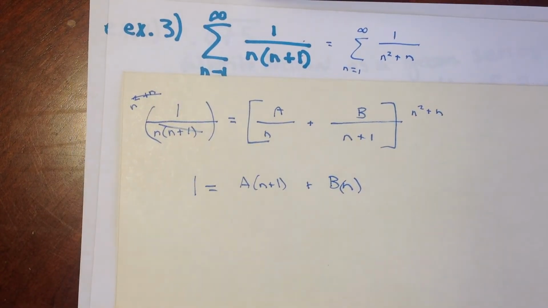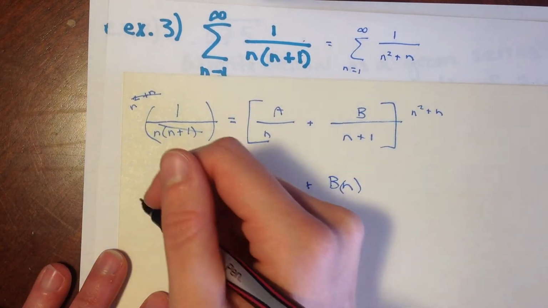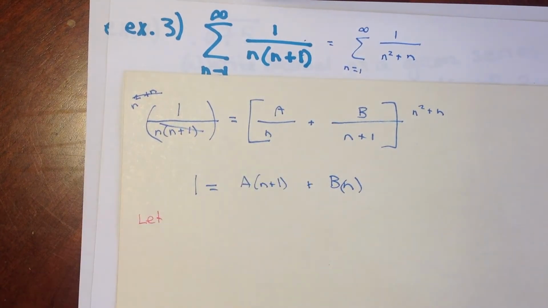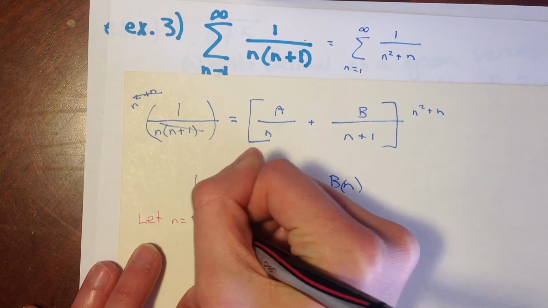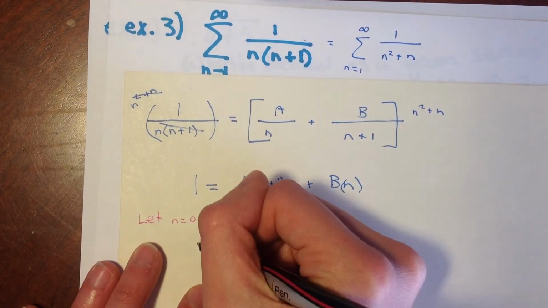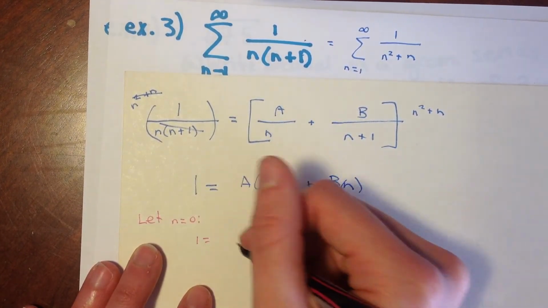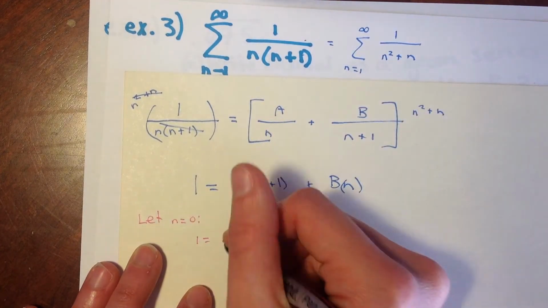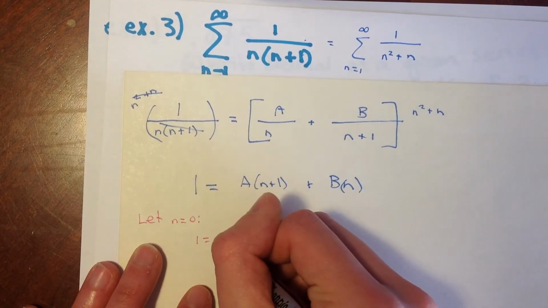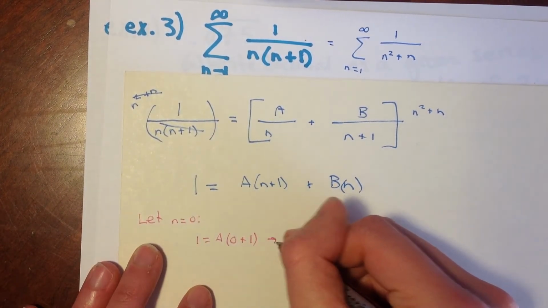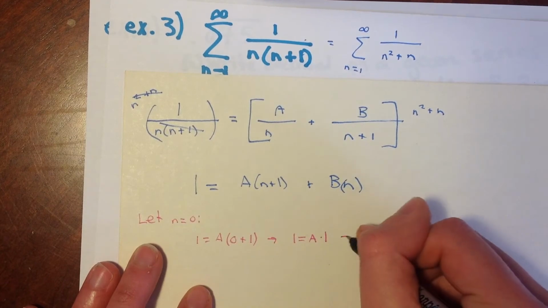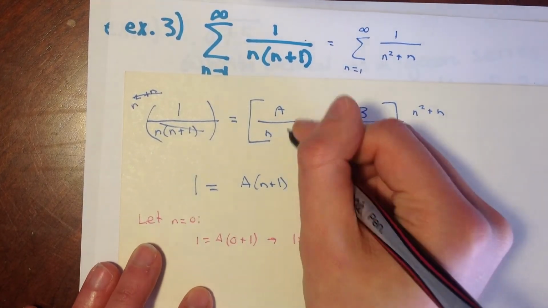And now, the cool part about this is that we get to solve for each variable separately, and one of the ways to do this is to choose a strategic value for n. So I can say let n equal 0, and when n equals 0, this whole term cancels, it's just 0. So now I'm left with 1 equals A times 0 plus 1, which implies that 1 equals A times 1, so A is equal to 1, and I found what A is.